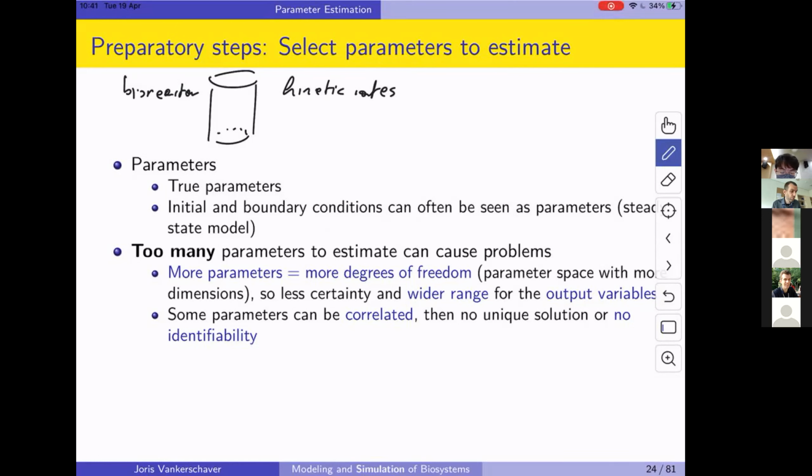So we could, for instance, treat the temperature at the walls of the reactor also as an unknown parameter to be estimated, or we could take even the initial conditions of the bioreactor as a parameter. So let's say the reactor has been in operation for some time, and now we want to do an assay or an experiment to characterize something about its working.